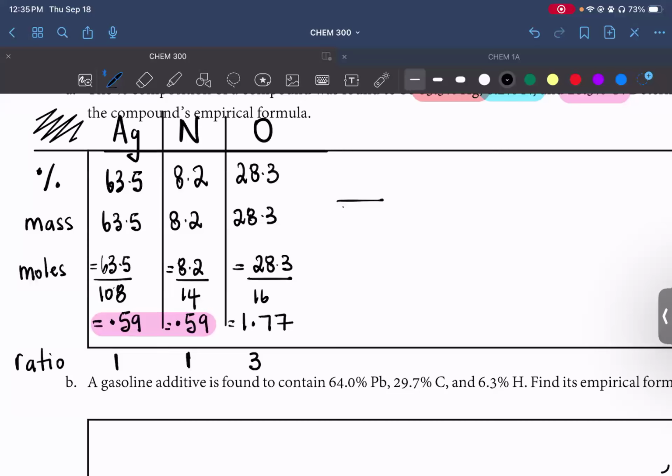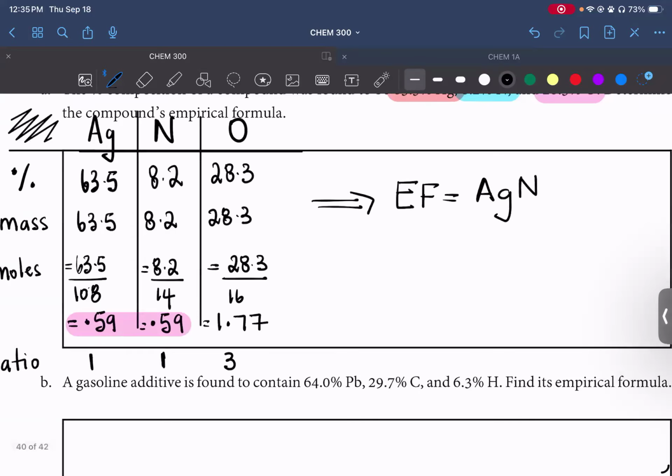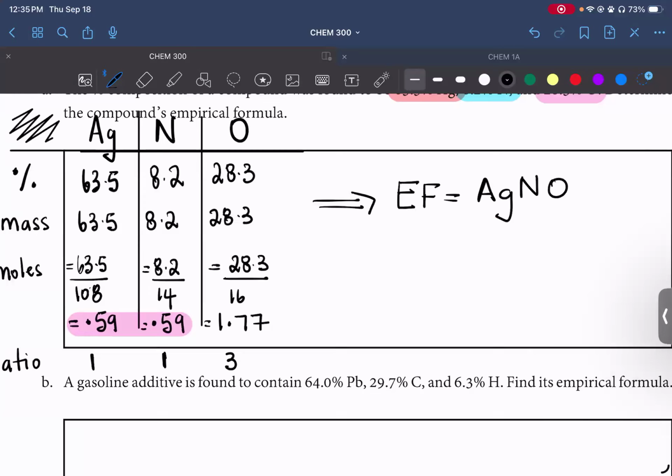This tells us that our empirical formula is Ag1, we don't traditionally write the 1, N1 and O3. Now, a very common question that comes up is, do we have to write it in a specific order?